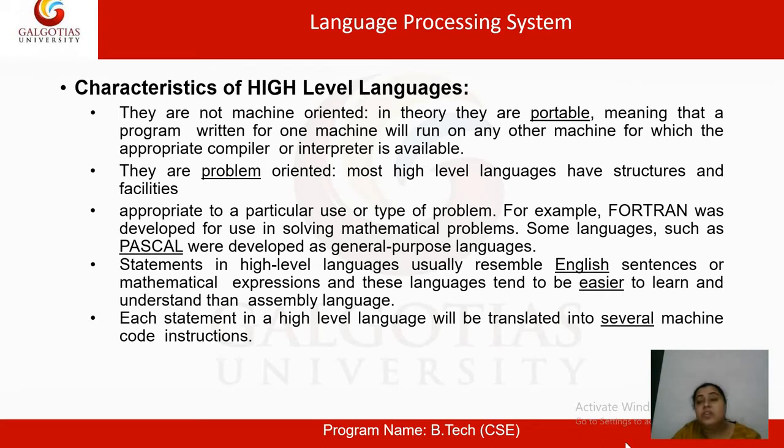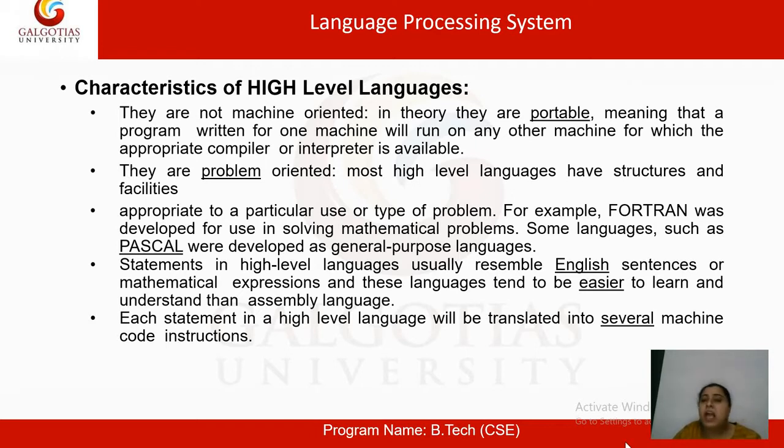They are problem oriented, not machine oriented. Most of the high level languages have structures and facilities, right? So they're based on a particular problem. Now, when we talk about Fortran, as we know, Fortran is developed for solving mathematical problems.